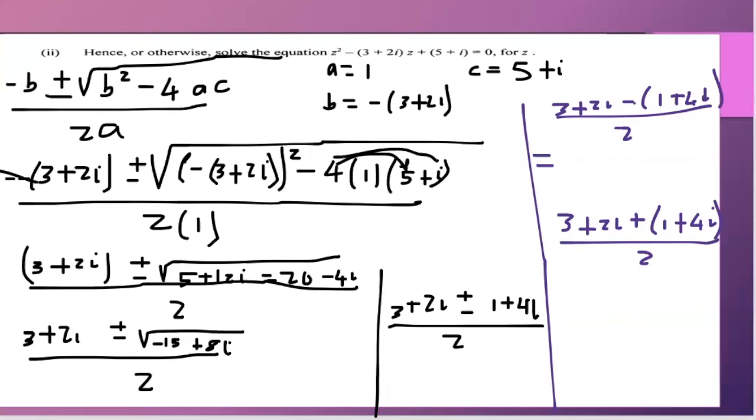I have 3 take away 1, that's 2, and 2i minus 4i, that's minus 2i, all over 2. Simplify, 2 can go into this, so I have 1 minus i. And then 3 plus 1 is 4. 2i plus 4i is 6i. All over 2, I can reduce this to get 2 plus 3i. And that is the answer.